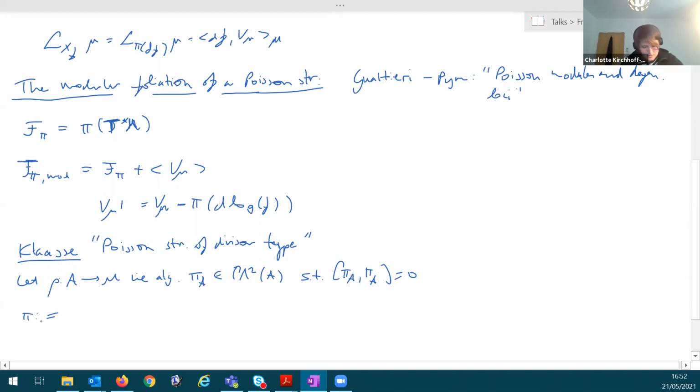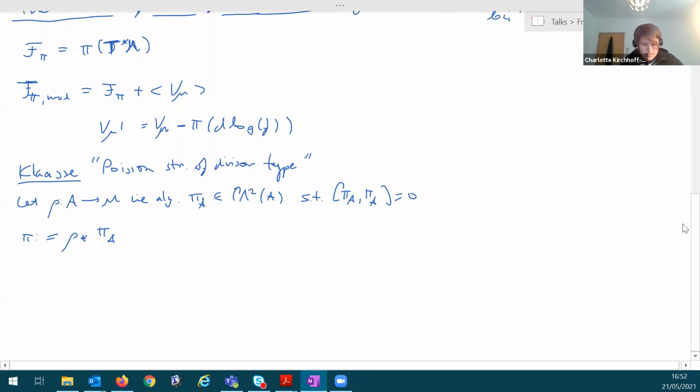And we then have a Poisson structure from pushing forward the pi A. And if we consider its ordinary foliation sitting inside the modular foliation, we can also show that that always sits inside the foliation given by the Lie algebroid A, so the image of the anchor.